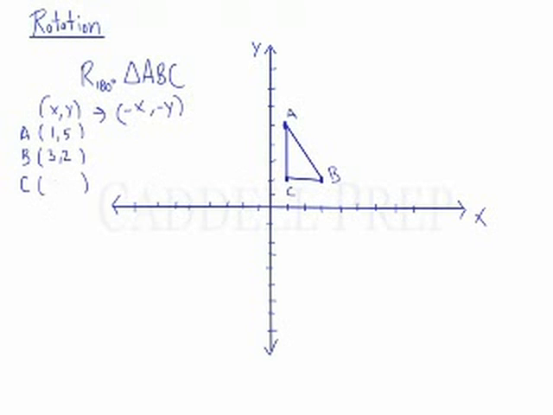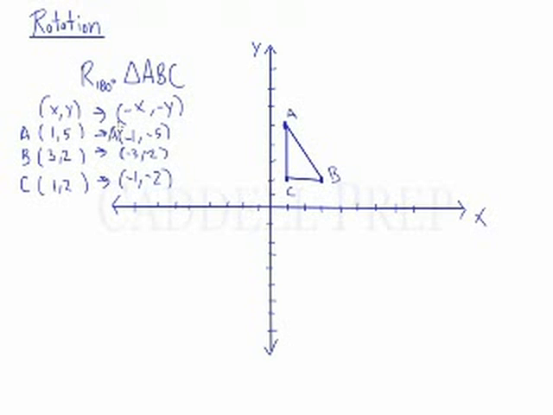And C we have 1, 2. So we're just going to take the x and y coordinates and negate them. X becomes negative x, y becomes negative y. So A becomes negative 1, negative 5. B becomes negative 3, negative 2. And C becomes negative 1, negative 2.